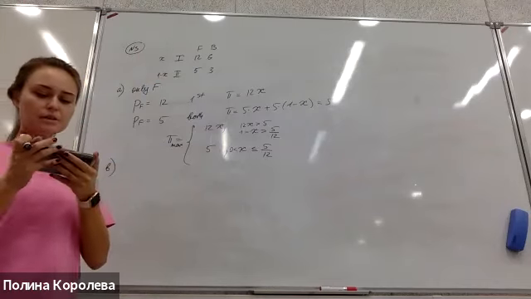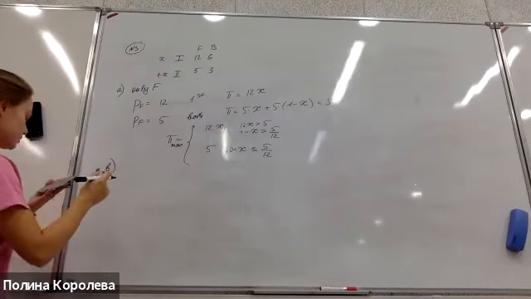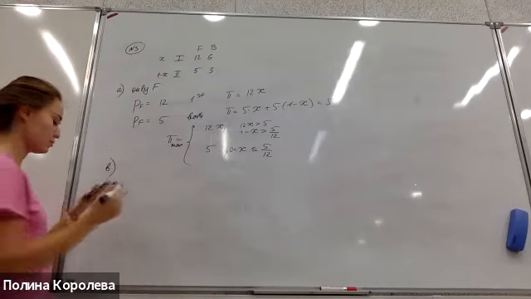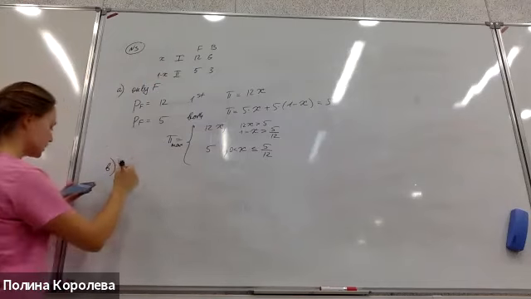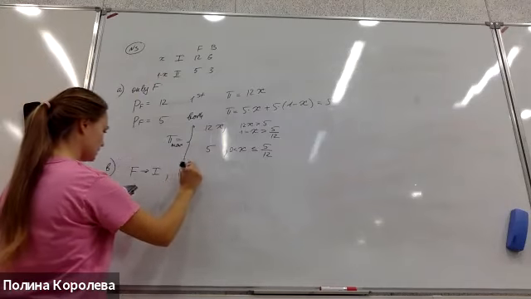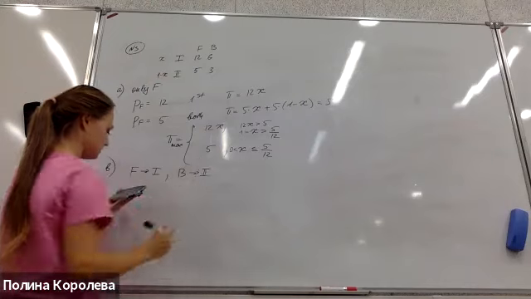Find the firm's highest profit from selling fancy to the first type and basic to the second type as a function of X. So we should sell fancy to the first type and basic to the second type.